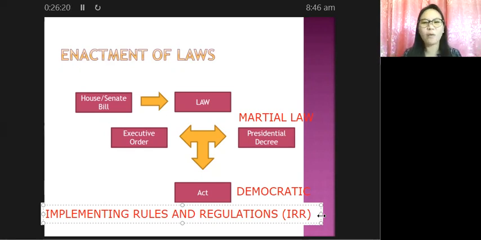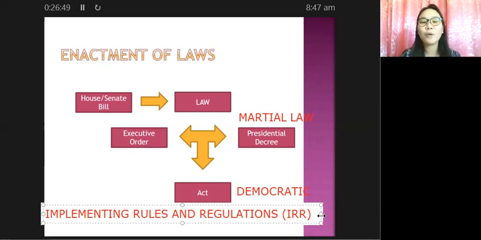Like, how are we going to implement this? Since the lead agency in the implementation of that particular law is the Department of Health, it is the Department of Health which will craft your implementing rules and regulations. Very important, so that we would know.